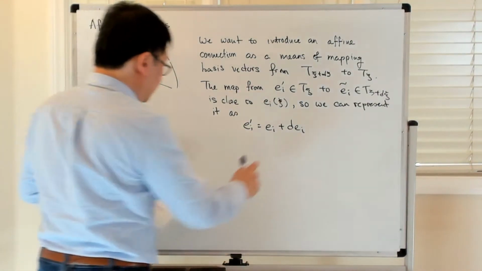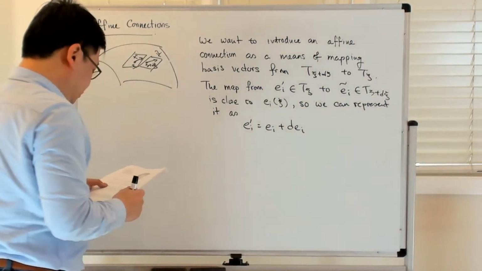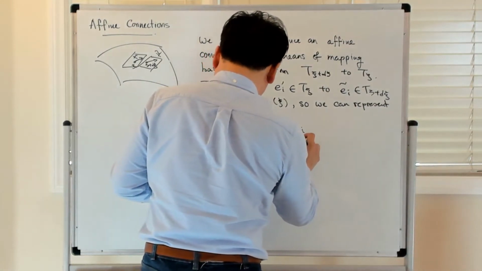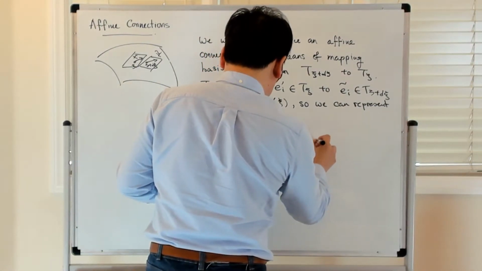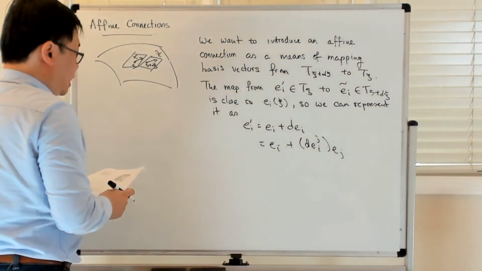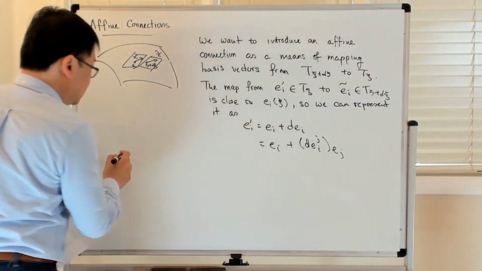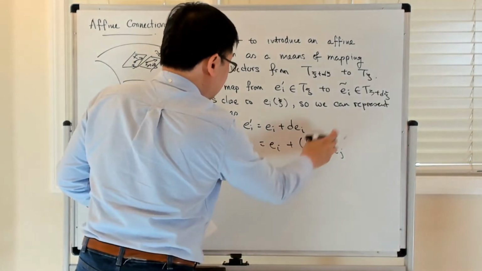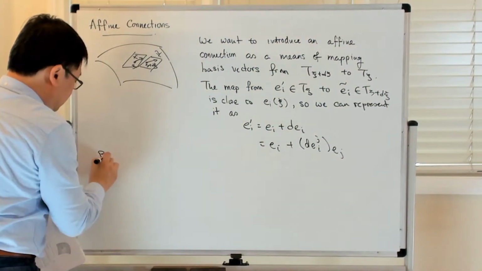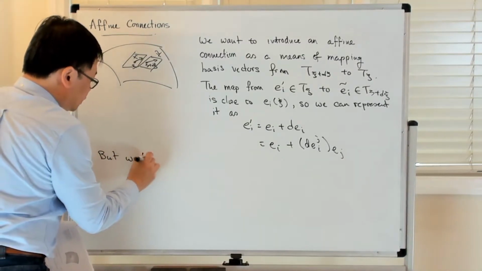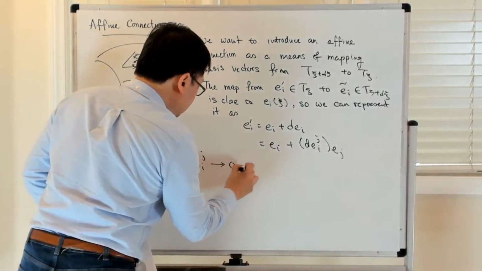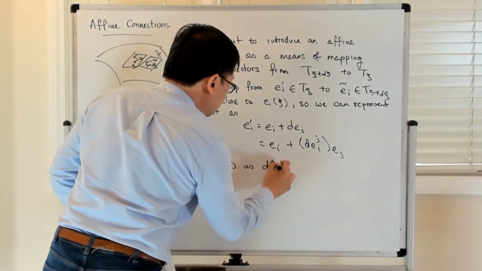Then I can write this difference in terms of its components: e_i plus d e_ij e_j. And it has to have the property that this goes to 0 as dc goes to 0. So you want d e_ij to go to 0 as dc goes to 0.